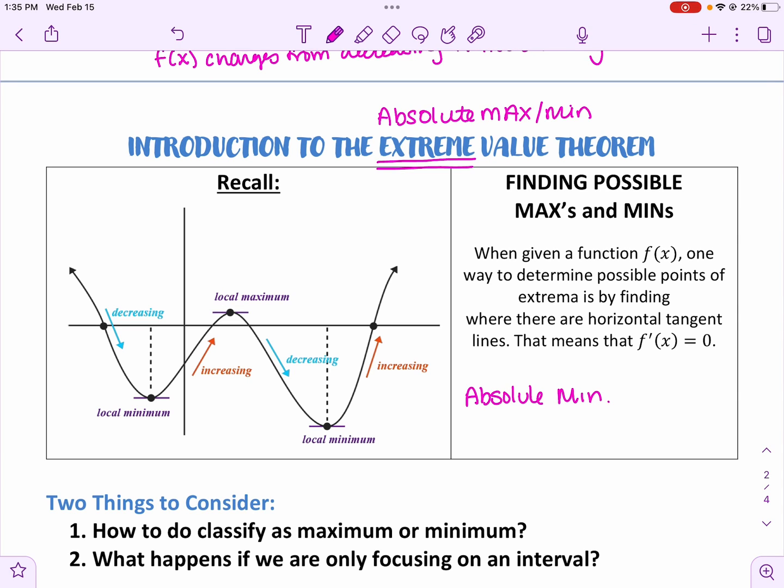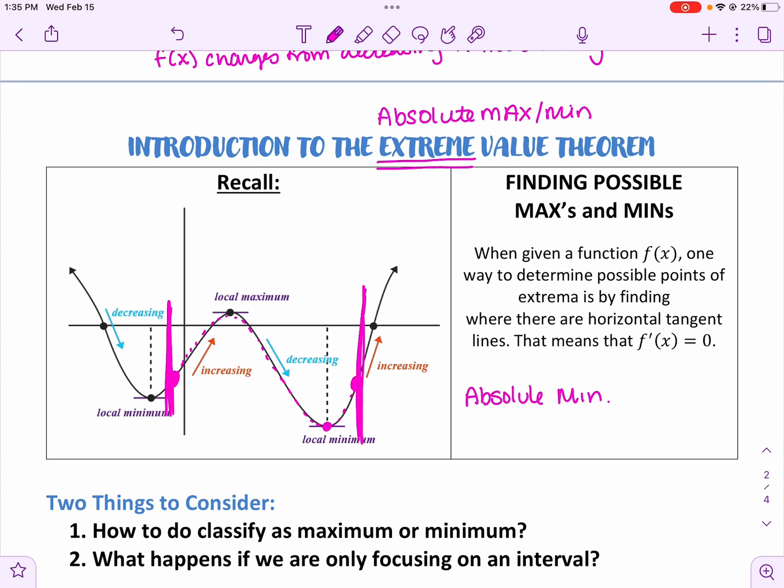If I were to take a look at this graph and said, let's look at the absolute minimum from here to here, this endpoint is at that y-coordinate, this endpoint is at that y-coordinate, but as I compare every other coordinate to that, we also have this minimum value here.